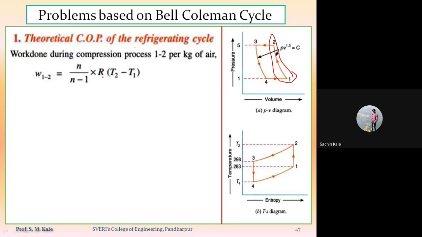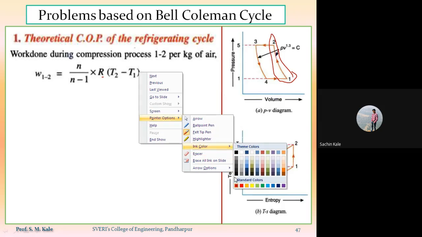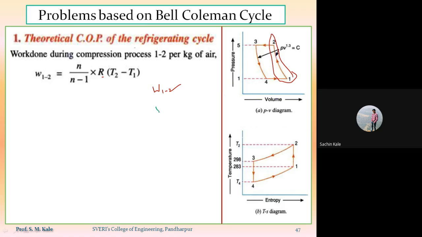So here I will get the value of work done during the process 1 to 2. So here I am going to calculate the value of W1 to 2 by using this formula. Similarly, by using the same formula, that means by changing the values of T2 and T1 by T3 and T4, I will get the value of W3 to 4.